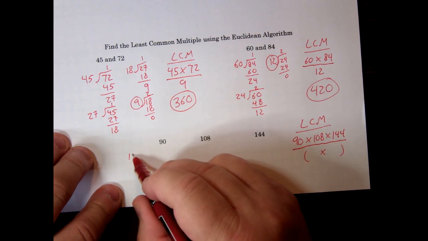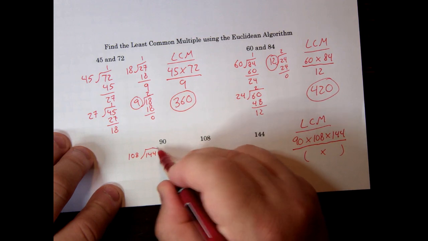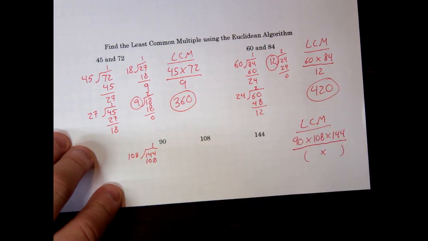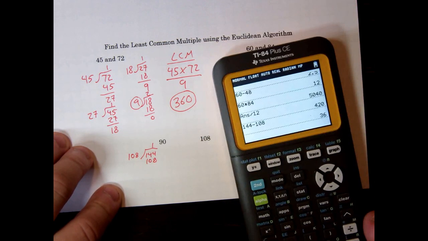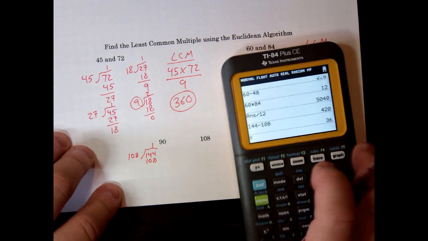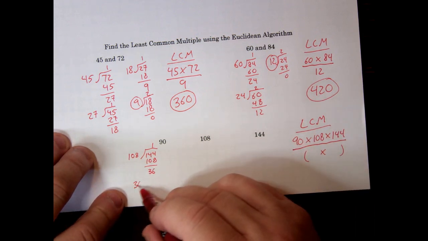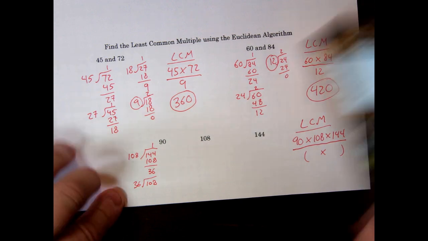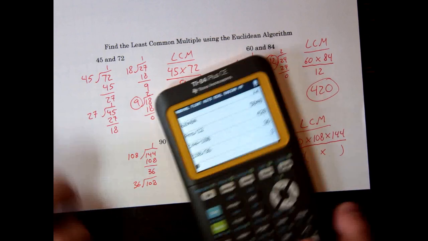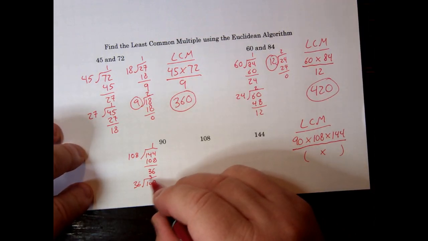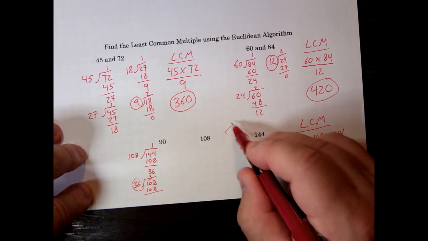So how many times will 108, start with the bigger 2, 108 into 144, should be once. 144 minus 108 is 36. How many times will 36 go into 108? So 108 divided by 36, and it goes 3 times exactly. So 36 is a common factor of the first two.